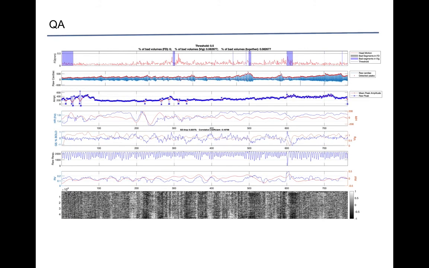This is another plot, and if you look at the second row, sorry, it's the cardiac recording. It may not be visible as you're looking, but if you pay some attention, there are some red dots in the middle of the time series.